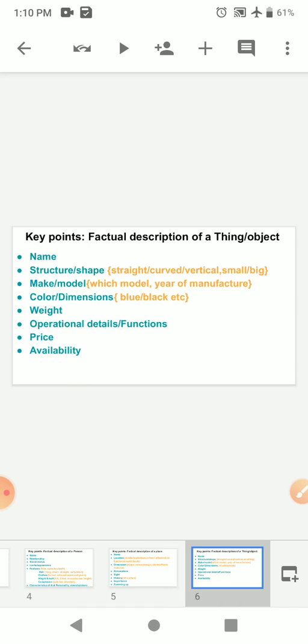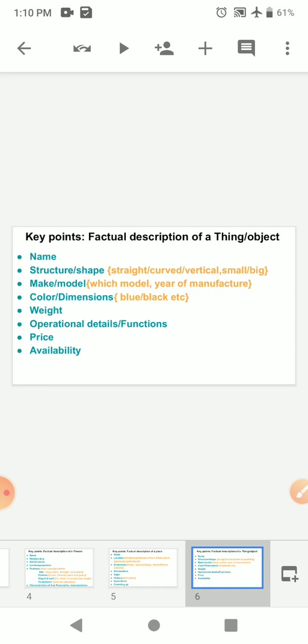Then you have some key points to remember for a factual description of a thing or any object. For example, car, TV, or mobile phone. So you will mention the name, structure, shape, whether it's straight, small, big, vertical, curved. And then you will talk about model, which model, and year of manufacture.